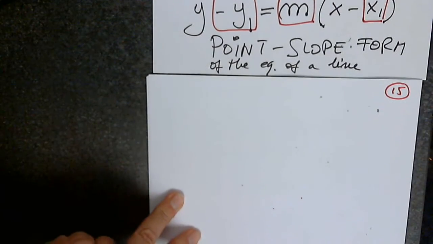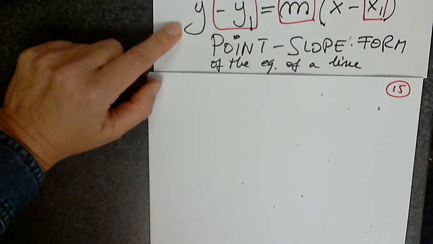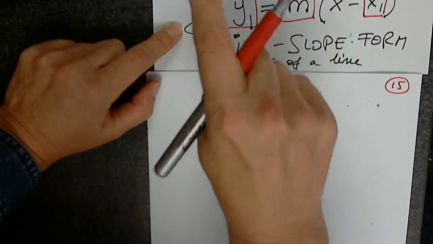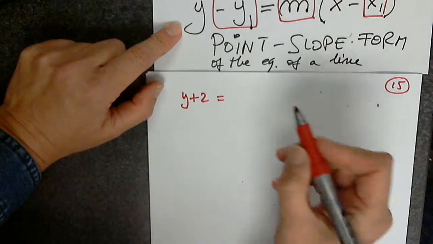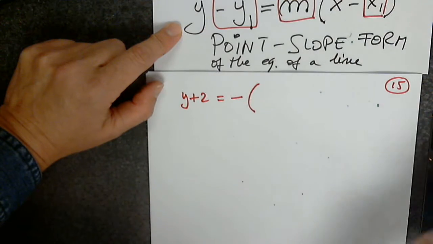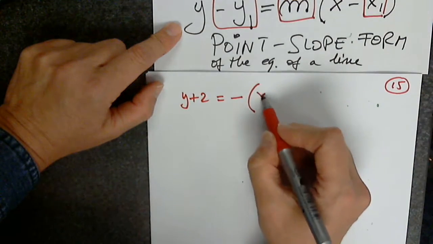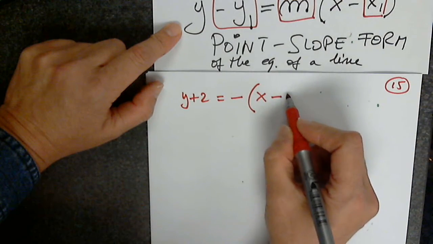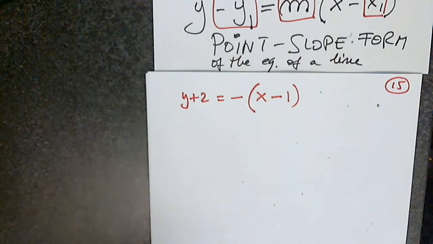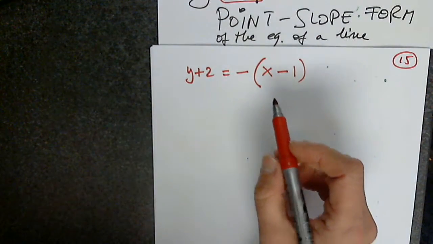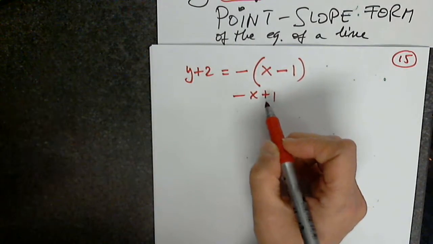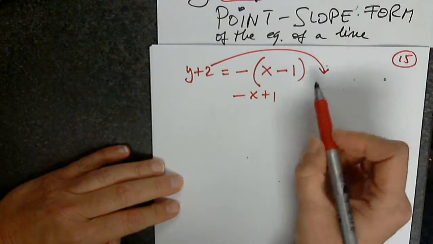Can anyone dictate? Exactly. y plus 2 equals, yes, parentheses, x minus 1. Yes, I will have to solve for y in all situations. I have to distribute negative x plus 1, and then I bring 2 to the other side.